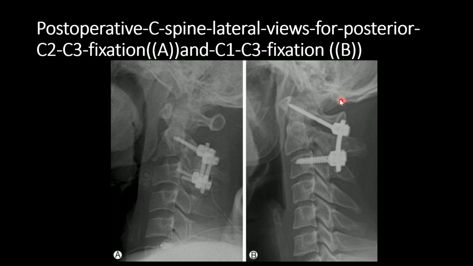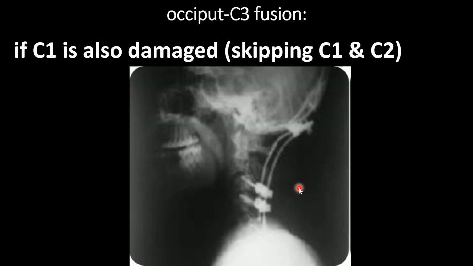This is our concern, this image. Occiput to C3 fusion, as you see here, occiput bypassing C1 and C2 whenever C1 is injured and damaged together with C2.